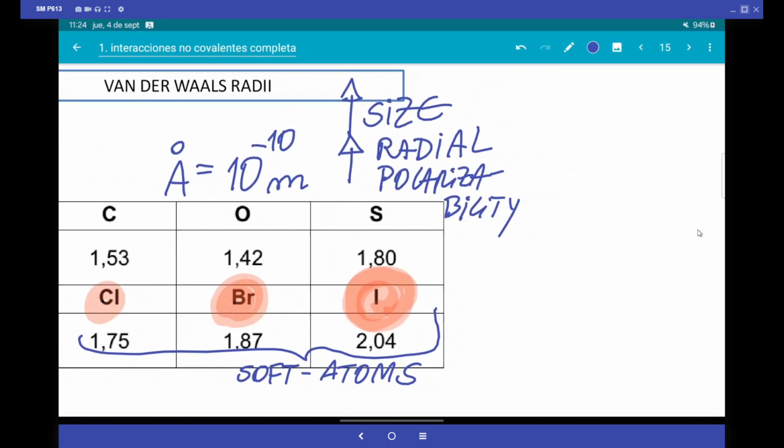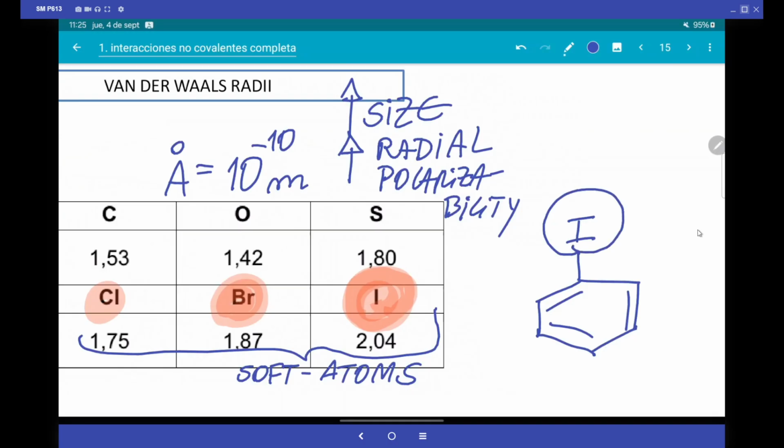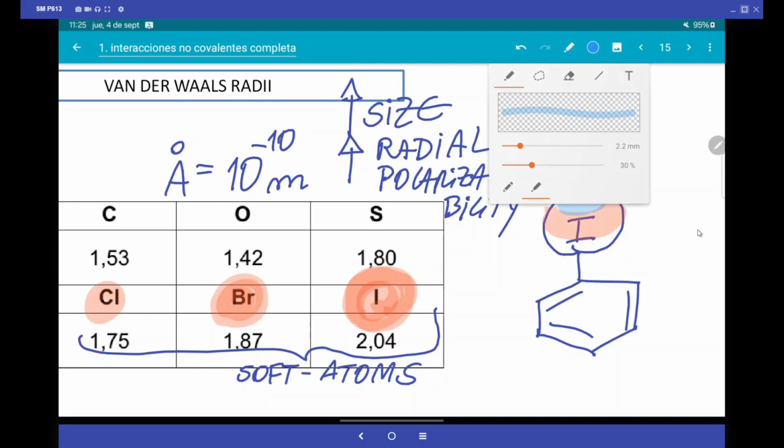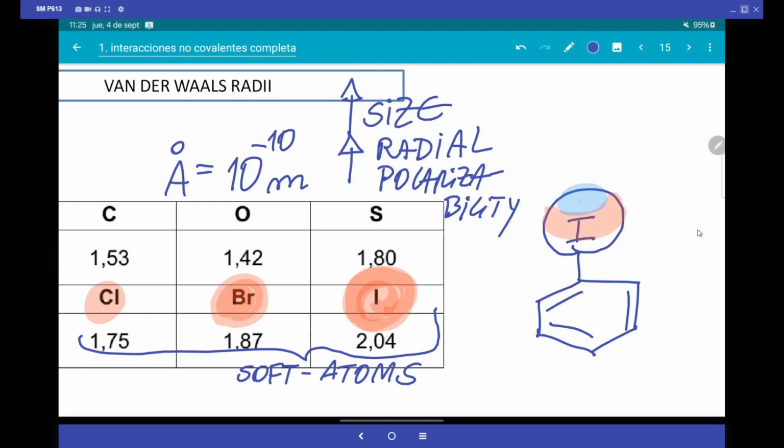And we can illustrate that graphically in this way. If a halogen is not connected to an aromatic ring, for example the iodine, which we know is large, then the electrons experience radial polarization and move backwards in the molecule, and we have that on the surface. The electrons begin to go backwards, and there is a space here where there are no electrons. We are going to put a name to that space: it is called the sigma hole.